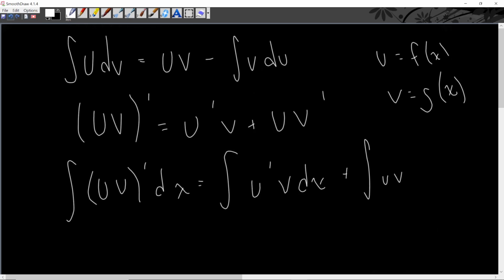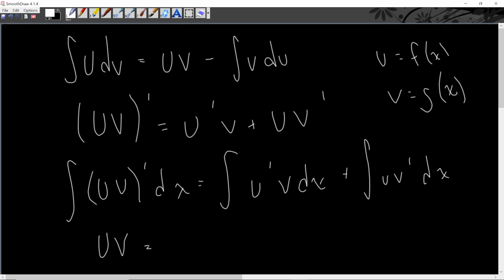And now we simply get uv, because the antiderivative of a derivative is just going to be the original function.